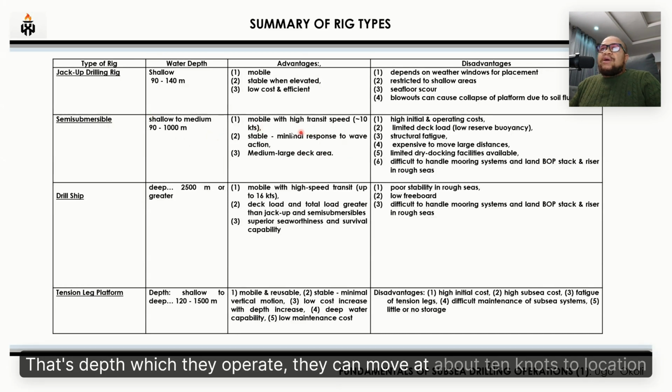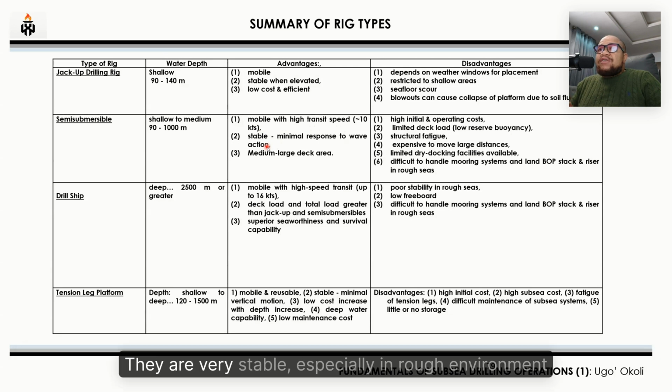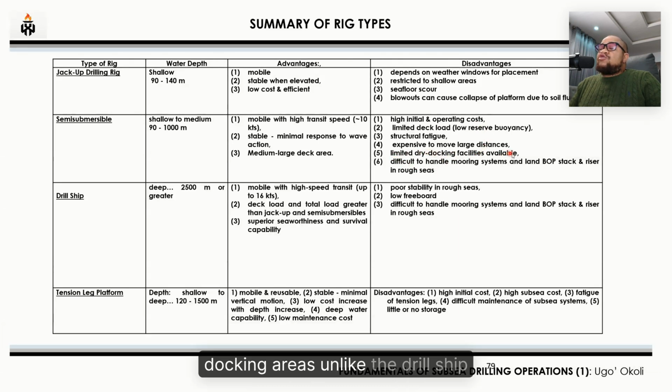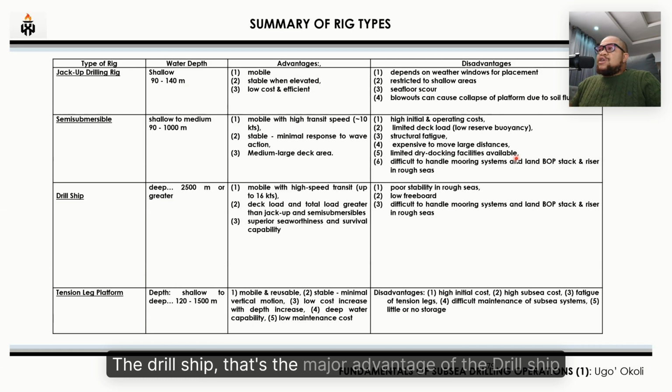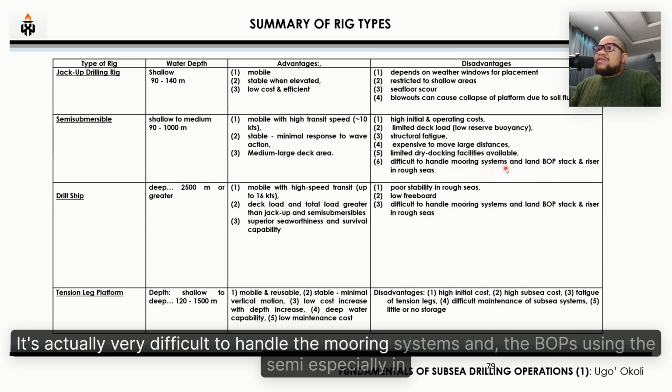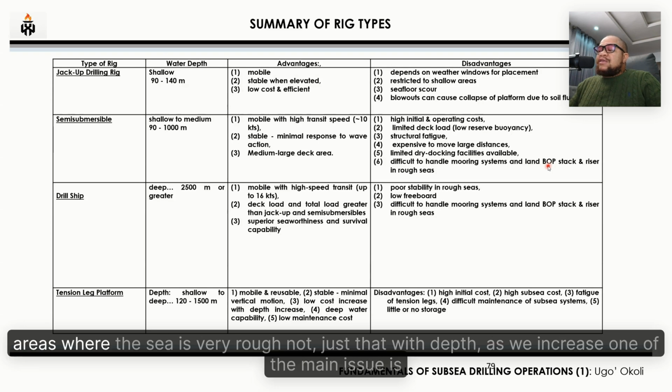For the semi-submersible, that's the depth which they operate. They can move at about 10 knots to location. They are very stable, especially in rough environments, and they have medium to large deck area. Some of the disadvantages are high initial and operating costs, and limited deck and storage area, unlike the drillship. It is also very difficult to handle the mooring systems and the BOPs using the semi, especially where the sea is very rough.